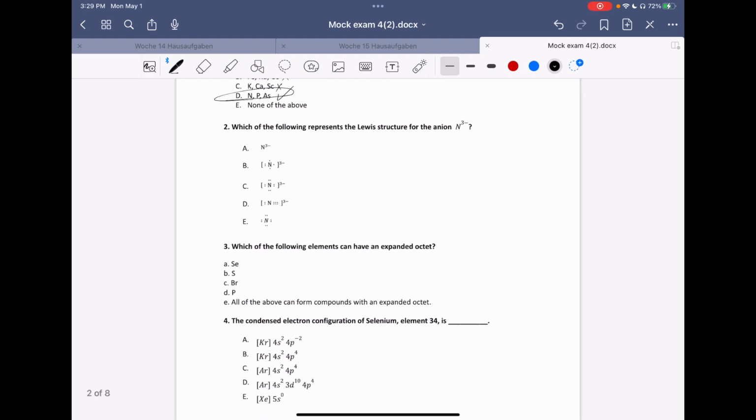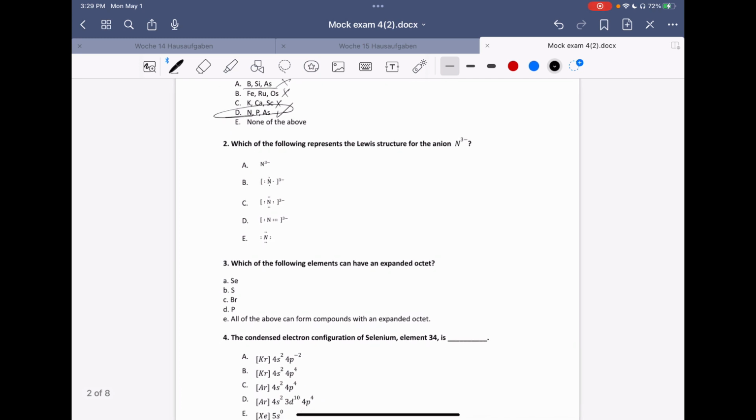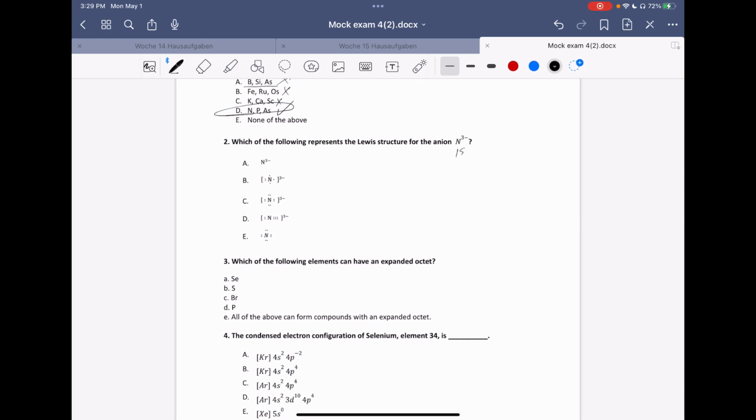Which of the following represents the Lewis structure for the anion N3 minus? Nitrogen, like we just saw on the first problem, is in column 15, with phosphorus and the others. These will all form 3 minus ions to complete their octet, so they'll have a full octet.